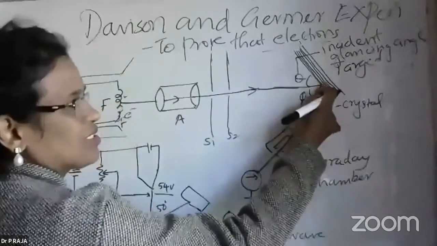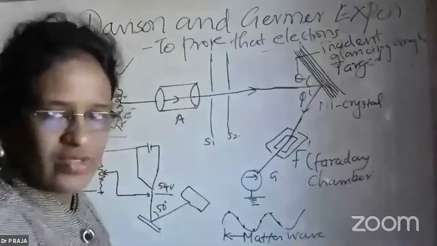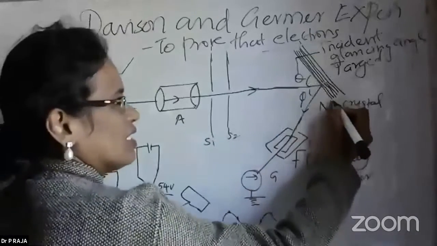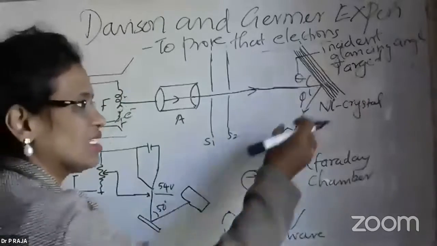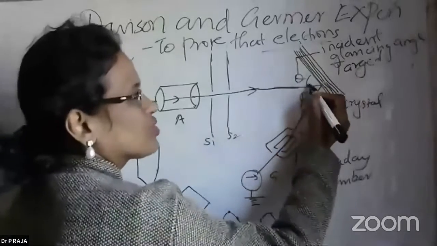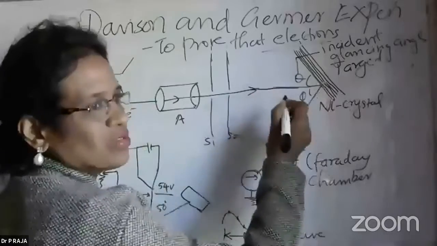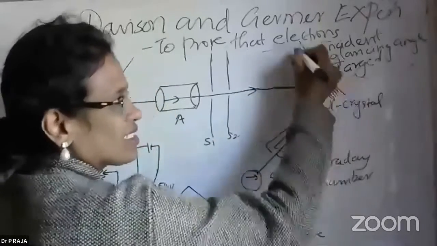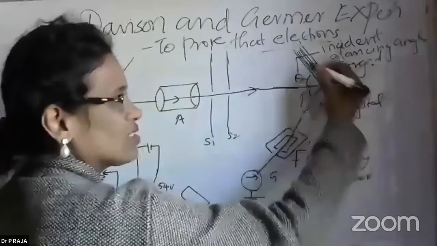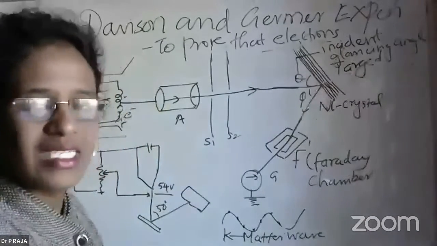After hitting the surface of the nickel, what happens in this nickel crystal is that electrons pass through and start penetrating into the layers. That's why I've drawn it as lines. The lines refer to the d planar spacing.